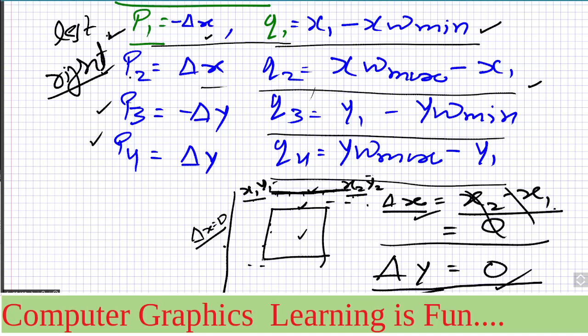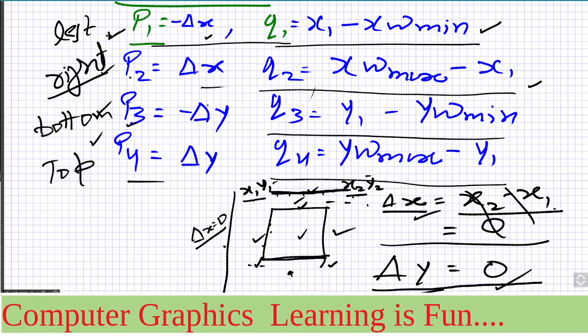So if this is the x values, this is x minimum and x maximum. So P1 is related to the left boundary, P2 is related to the right boundary. Similarly, P3 is related to the below boundary or bottom boundary, whatever you call, and P4 is related to the top boundary.